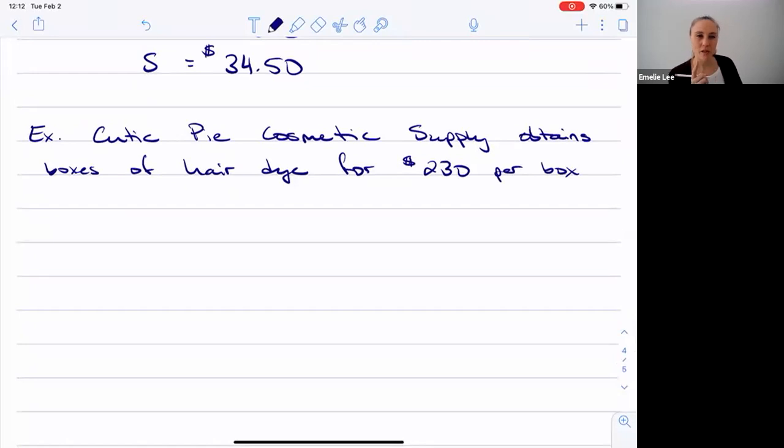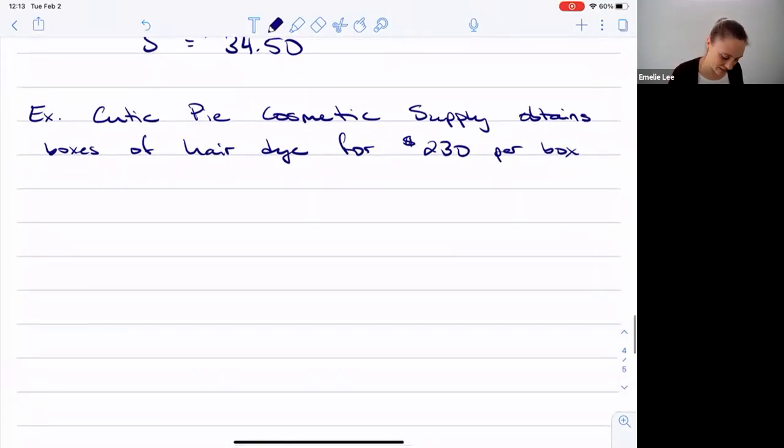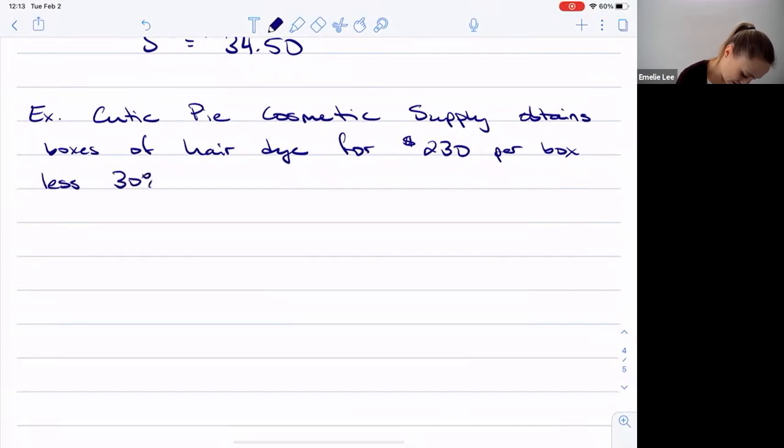Okay, so 230 per box, and then less some trade discounts, right? This sounds familiar from earlier. So that's what I mean, we're doing these links here. Less 30% and 10%, presumably trade discounts.